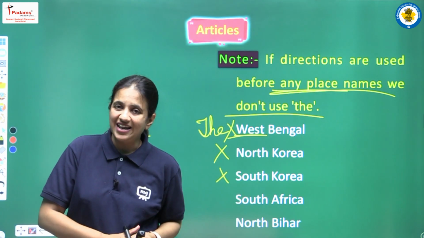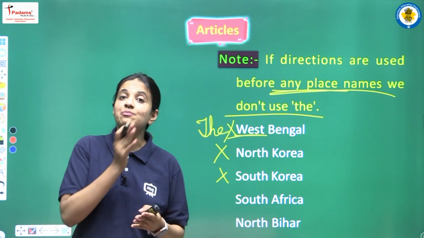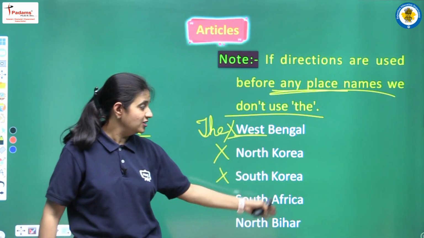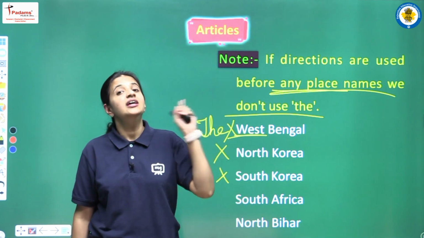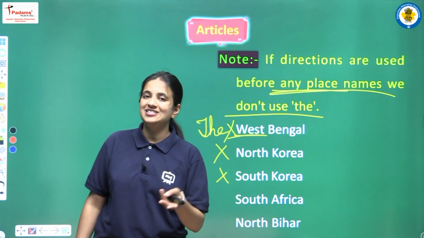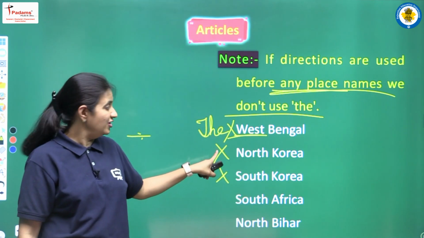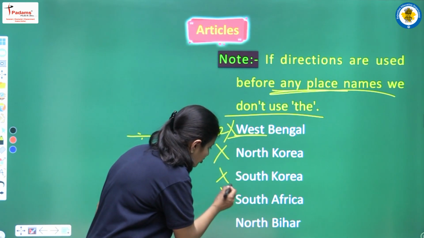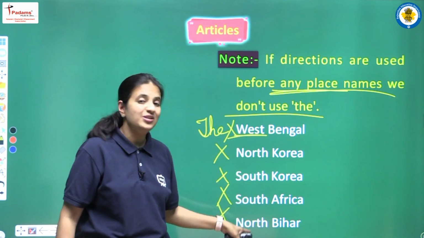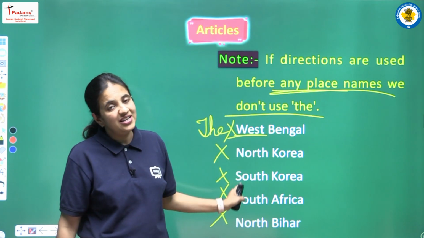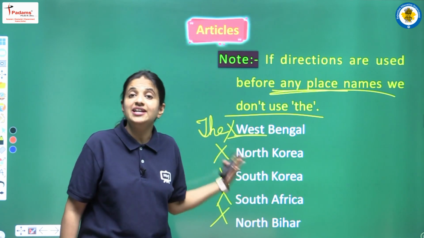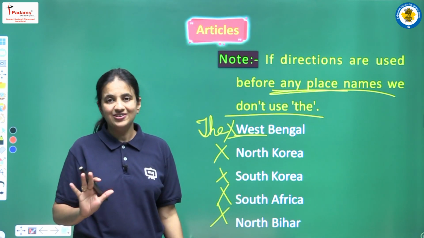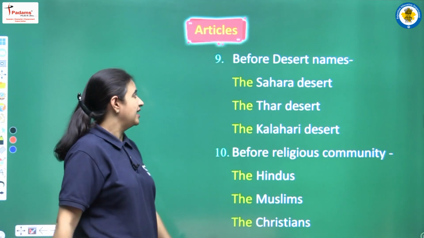But if these directions are associated with any place name, like the many examples we have discussed, then just be very careful. We cannot use the as an article, then we have to put a cross mark before these words, because now they are not the directions, now they are the name of some places. Clear? All right.